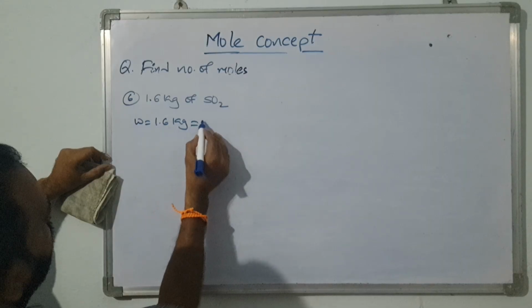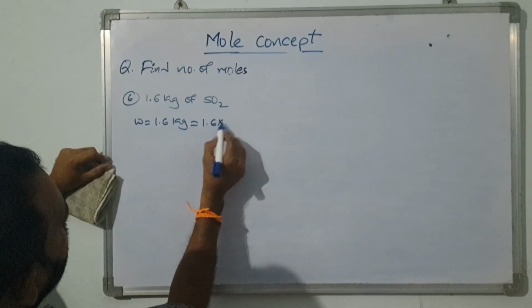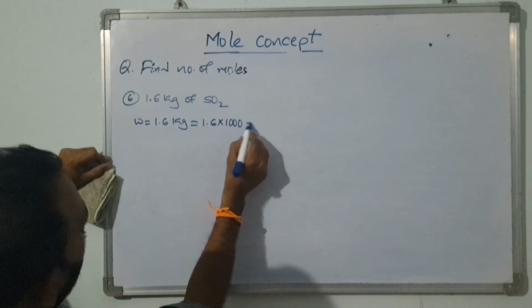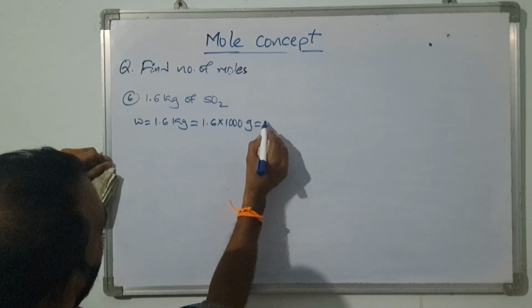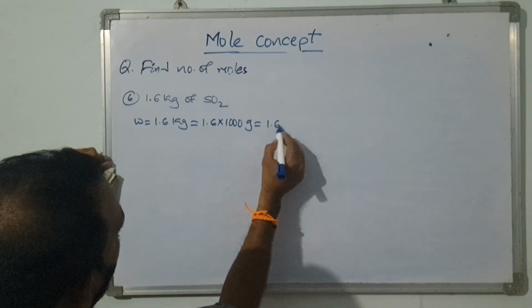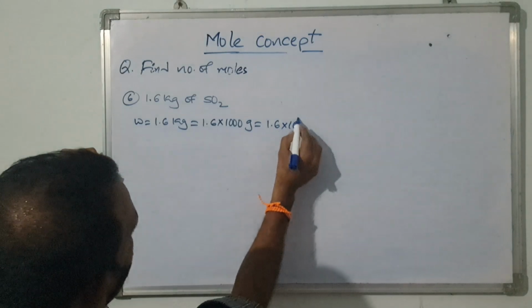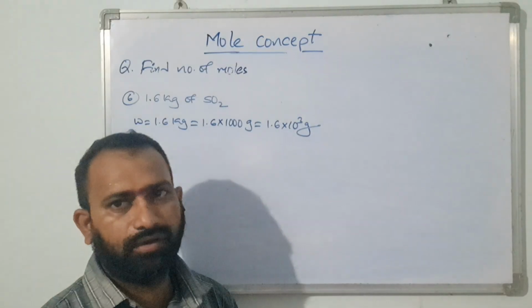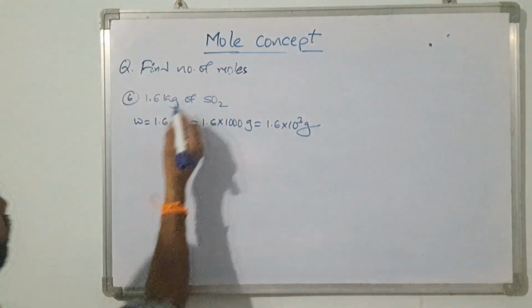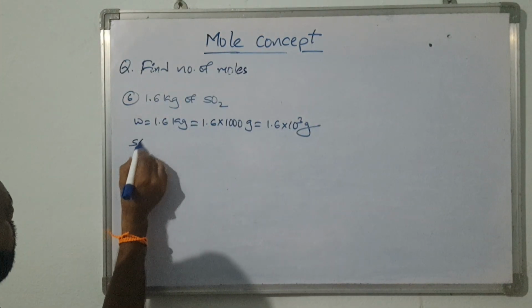1 kilo equals 1000 grams. So that equals 1.6 into 1000 grams, and 1000 is taken as 10 cube grams. So weight equals 1.6 into 10 cube grams. And SO2 is a molecule.